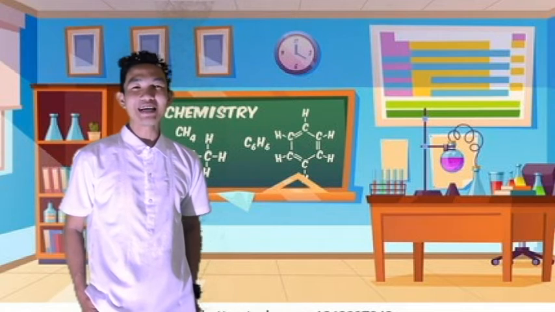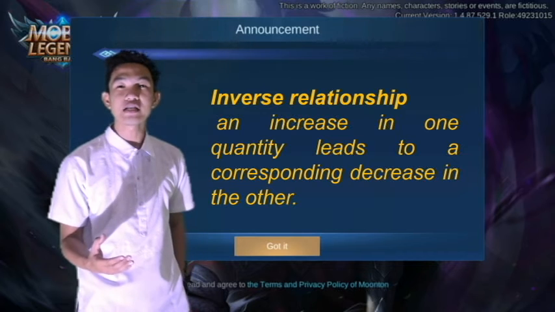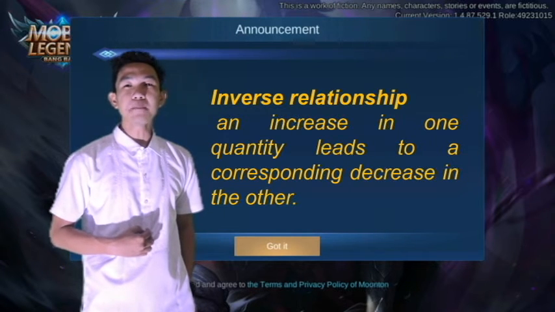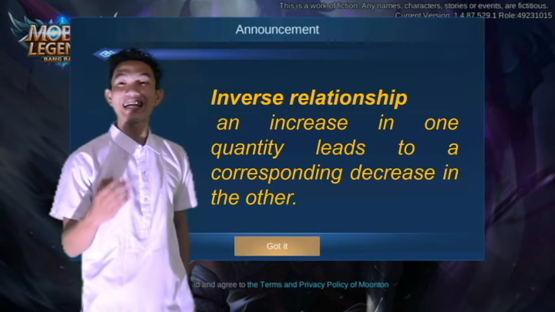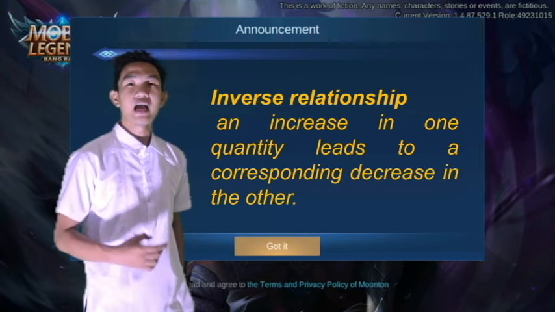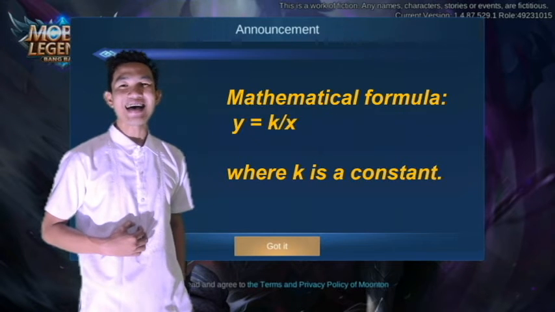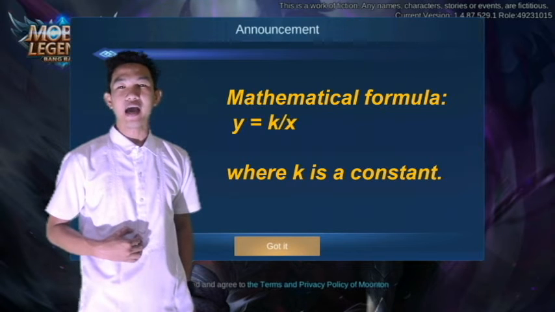Now, let's go to inverse relationship. When we say inverse, if one variable increases, it leads to a corresponding decrease in the other. Mathematically speaking, this is expressed as y = k/x.